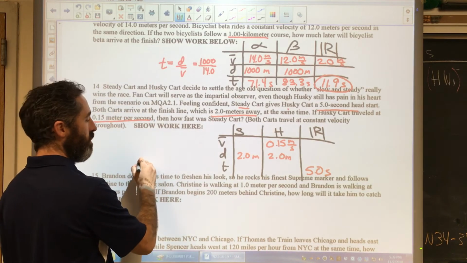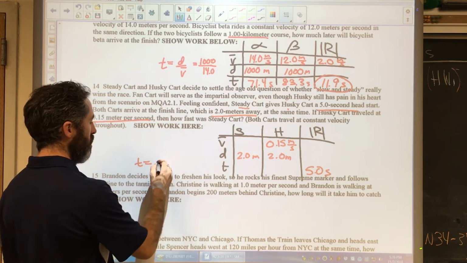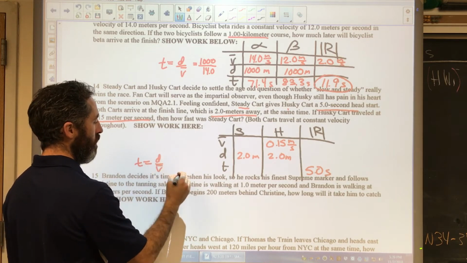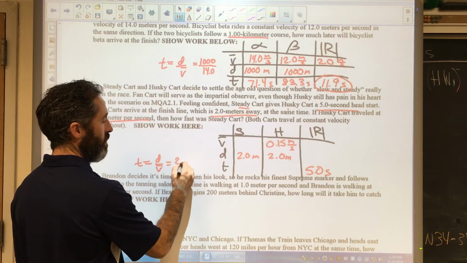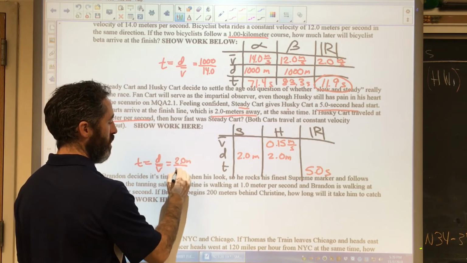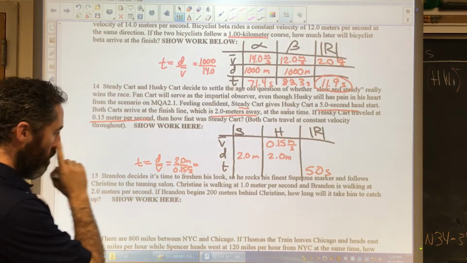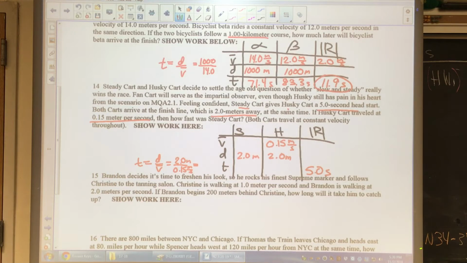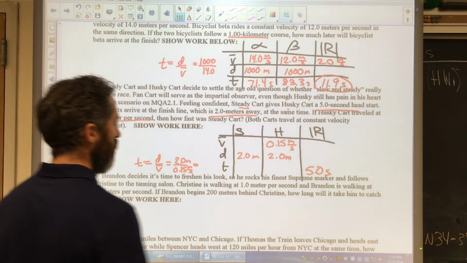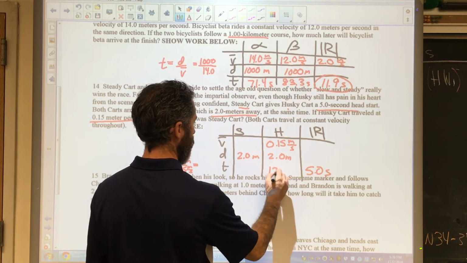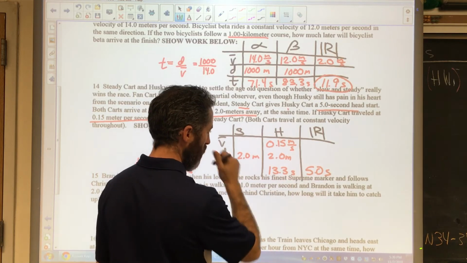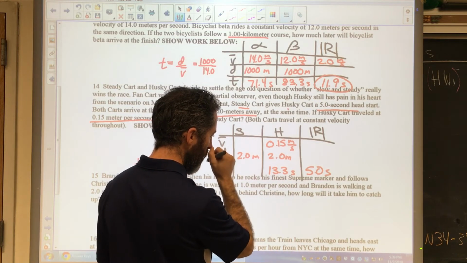So we're trying to find T for Husky. T is going to be D over V bar. And in this case, that's 2 meters over 0.15 meters per second. So 2 over 0.15, what do we get? 13.3 seconds. Okay, now how can we do something with this?